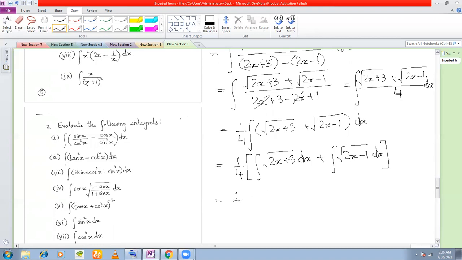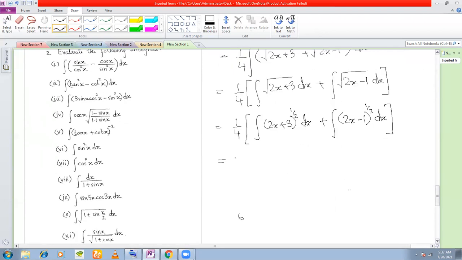Okay, so this is 1/4 of integral root 2x plus 3. So you can write this as 2x plus 3 to the power of half dx plus integral root 2x minus 1 to the power of half dx. So this becomes 1/4.